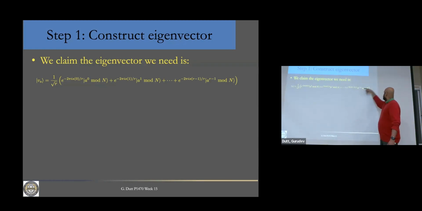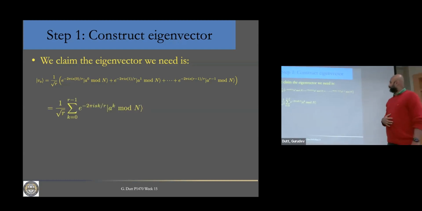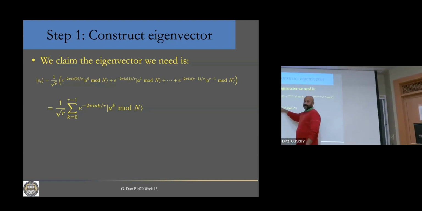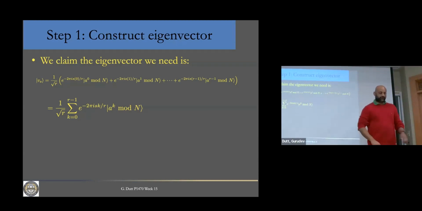Remember, a to the r modulo n will again be 1 modulo n, so we don't include that in the series because that's already included at the beginning. We just need to go to a to the r minus 1. That's the claim. And I can write that using the summation symbol that I'm sure you're all familiar with. It's just e to the minus 2 pi i s k divided by r, where k goes from 0 up to r minus 1. And this is the series over here.